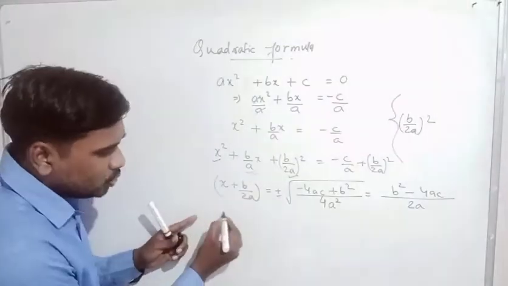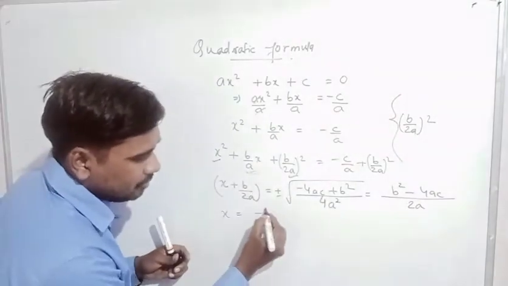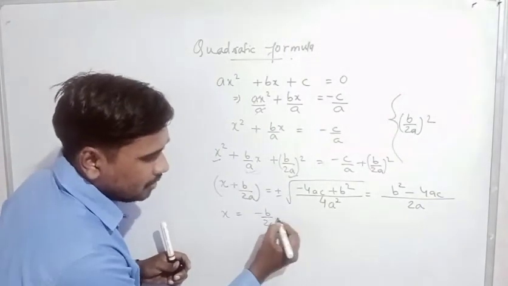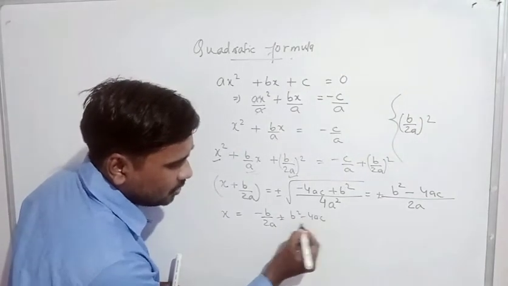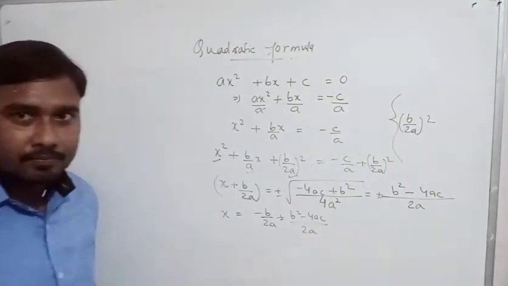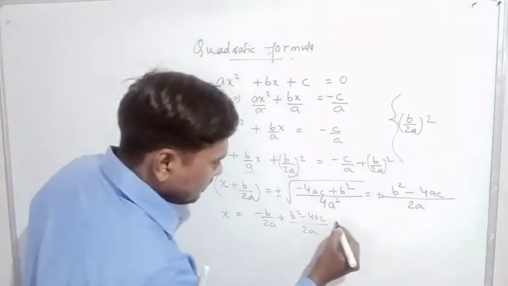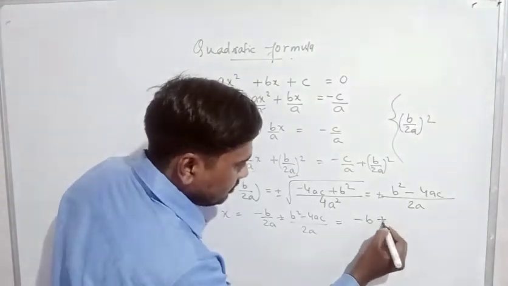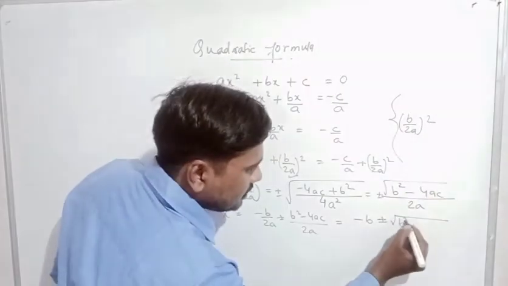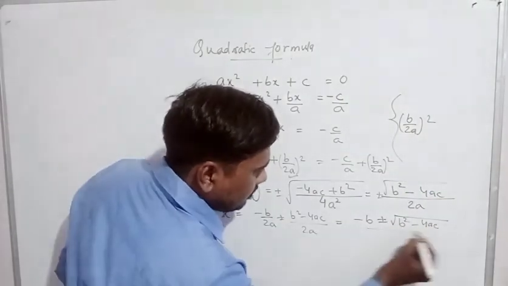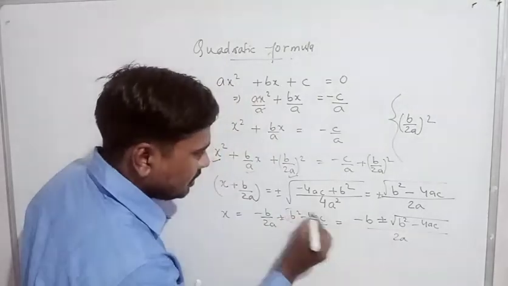Now this b by 2a will be shifted to that side, so it will be minus b by 2a plus minus root of b square minus 4ac by 2a. So overall the formula is minus b plus minus root of b square minus 4ac, all over 2a.